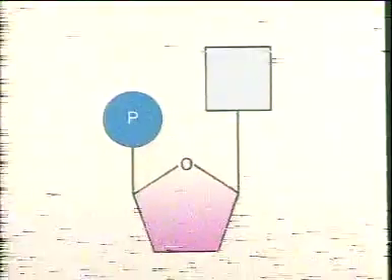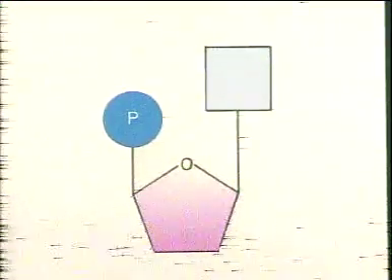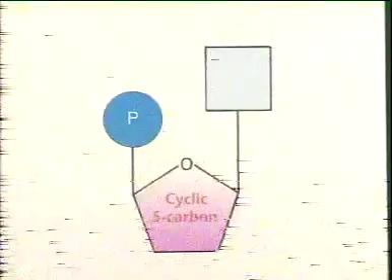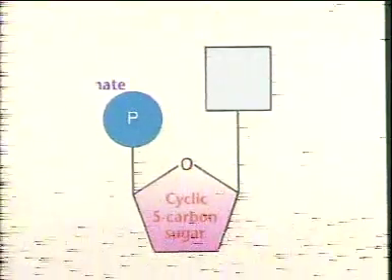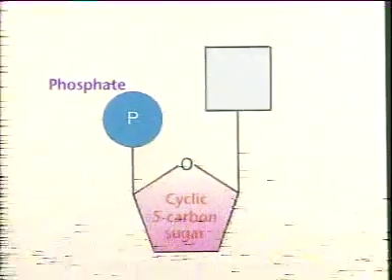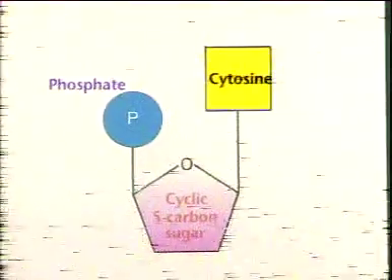Now, deoxyribonucleic acid, or DNA as it's more commonly known, is a complex molecule composed of several repeating units called nucleotides. Each nucleotide is then further composed of three subunits: a cyclic 5-carbon sugar called deoxyribose, a phosphoric acid molecule, and any of the 4 nitrogen bases: adenine, guanine, cytosine, and thymine.